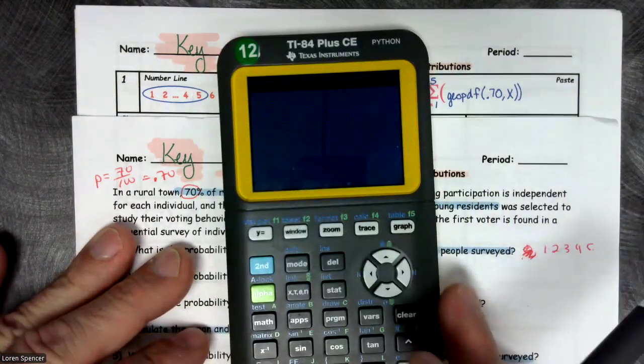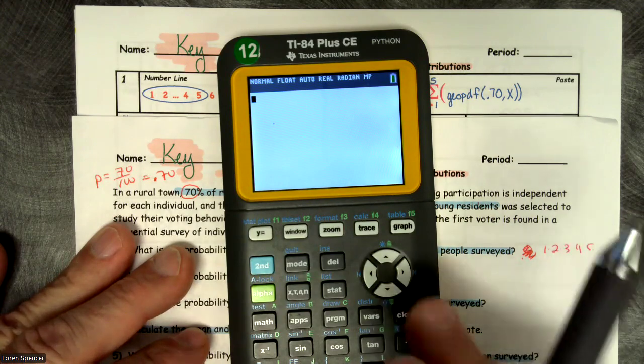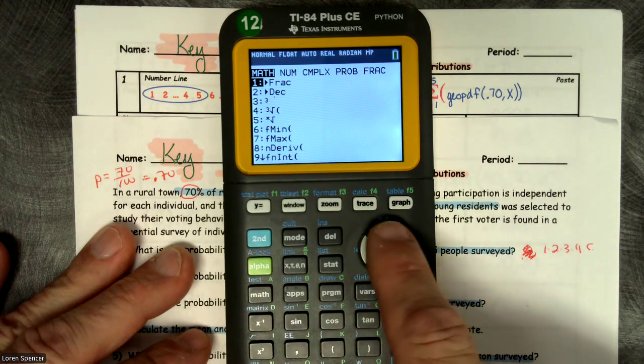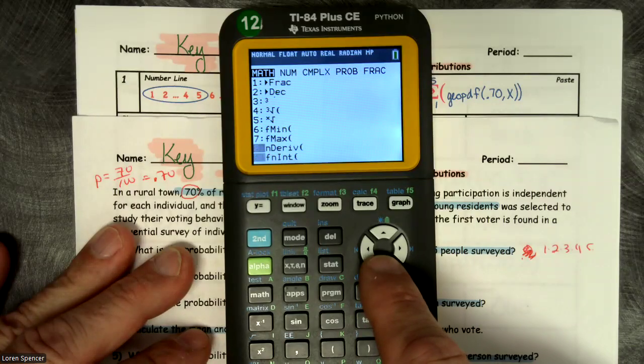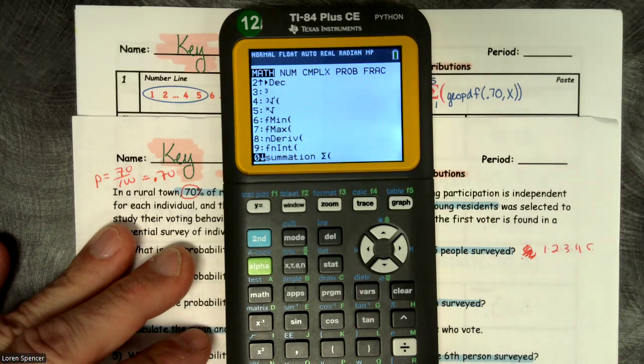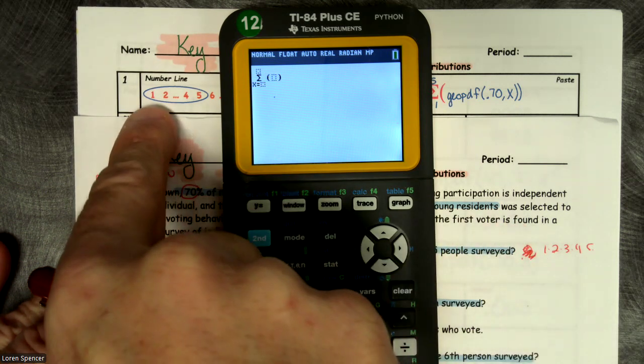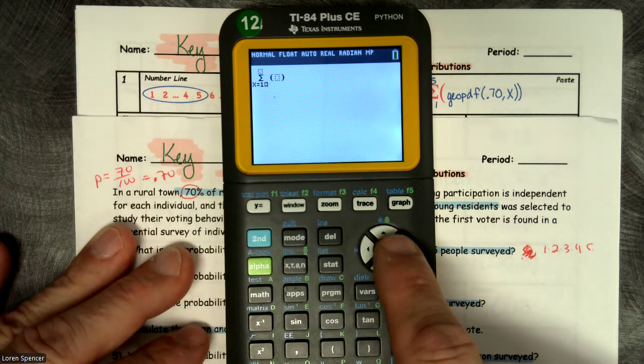With the calculator, the very first thing I'm going to do is press the math button, and scroll all the way down to number 0. It says summation, and I press enter. Then I press the X,T,n button, and our first number is 1.